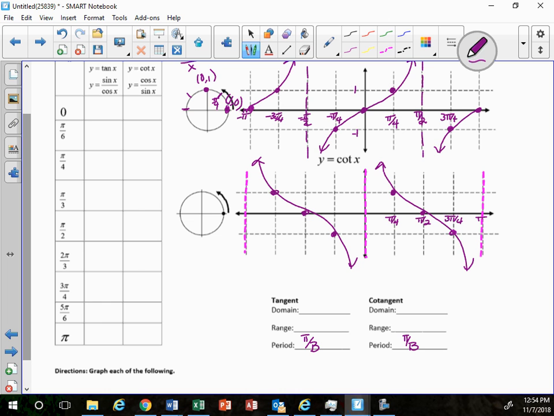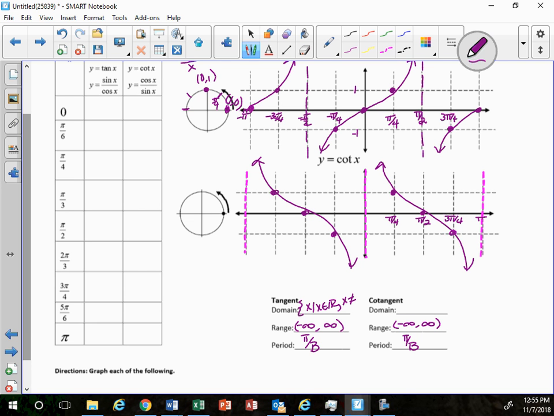All right, what's the range for both of them? Okay, domain. I feel like there's not really enough room here for tangents. Let's see. X, such that X is an element of the reals, but X cannot equal... For tangent, what would you say?